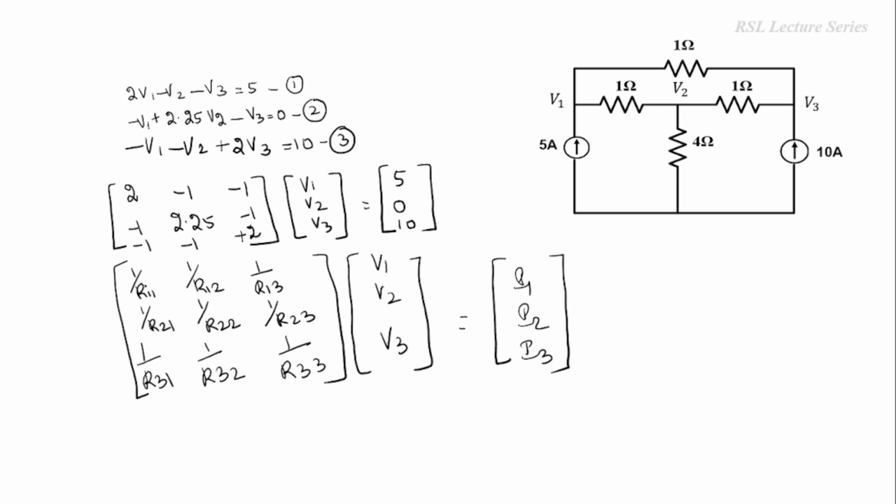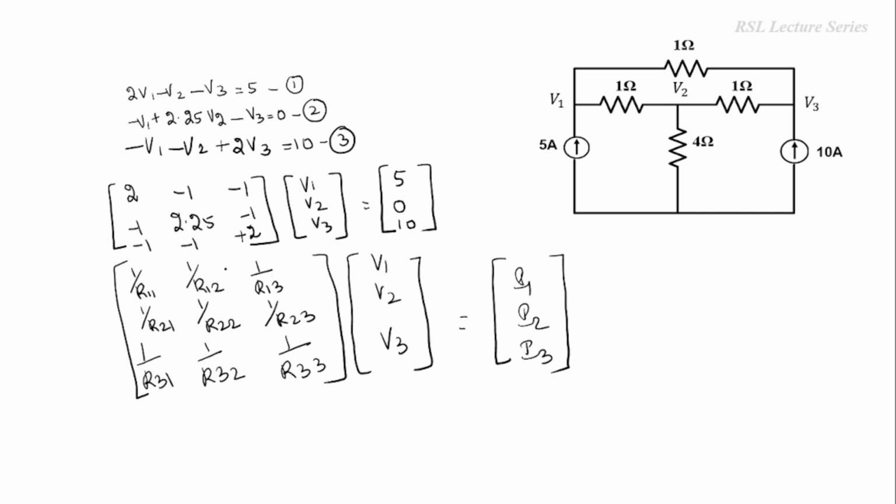So similarly for the second equation, we have to write down the coefficients minus 1, plus 2.25, minus 1. And similarly for the third equation, again minus 1, minus 1 and plus 2. So on the right hand side we have 0 for the second equation and 10 for the third equation. So the general form of this particular matrix is 1 by R11, 1 by R12, 1 by R13.